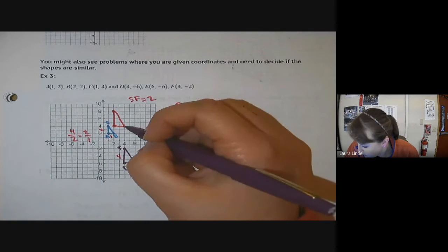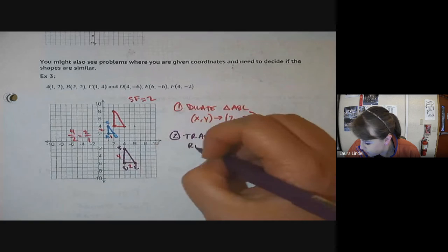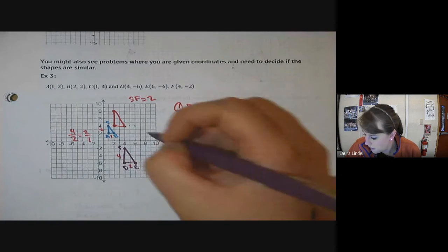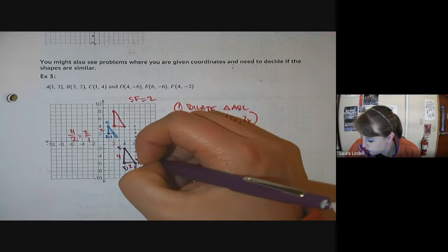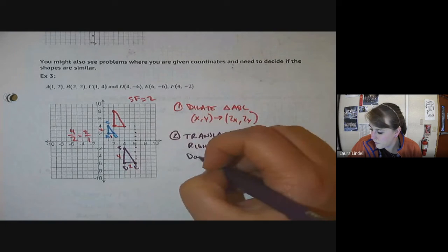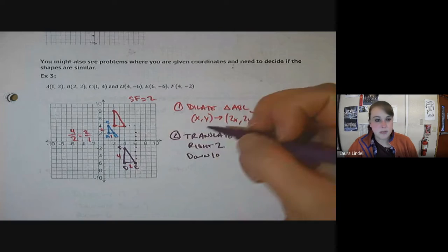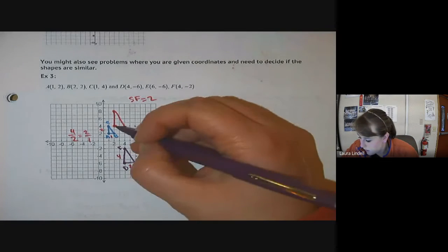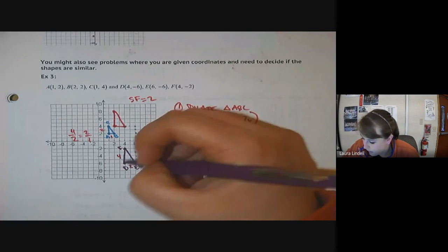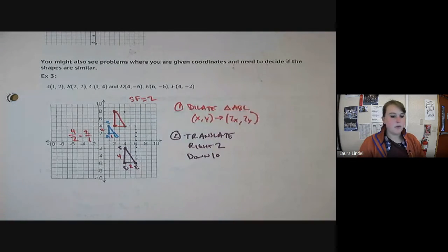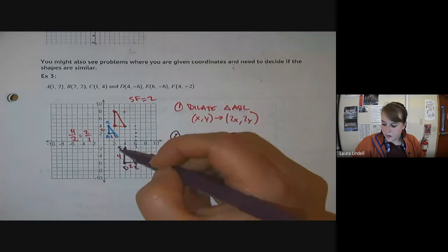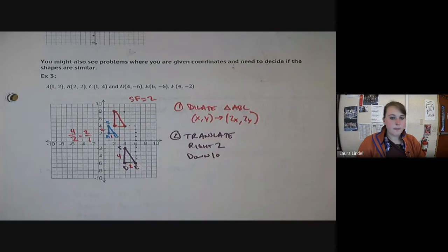I'm going to have to move it right 2 and down 5, 6, 7, 8, 9, 10. And I would double check my points just to make sure. Right 2, down 10, right 2, down 10. Yep, it works out. It lands exactly on top of DEF if I do this.